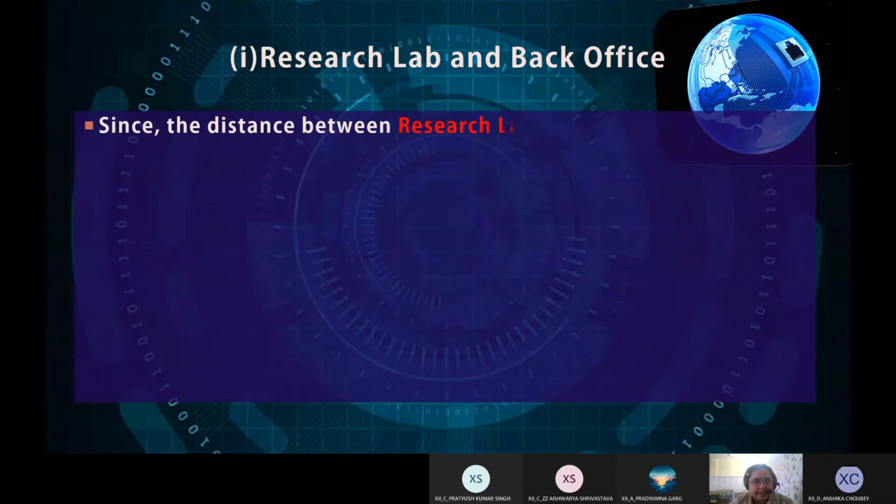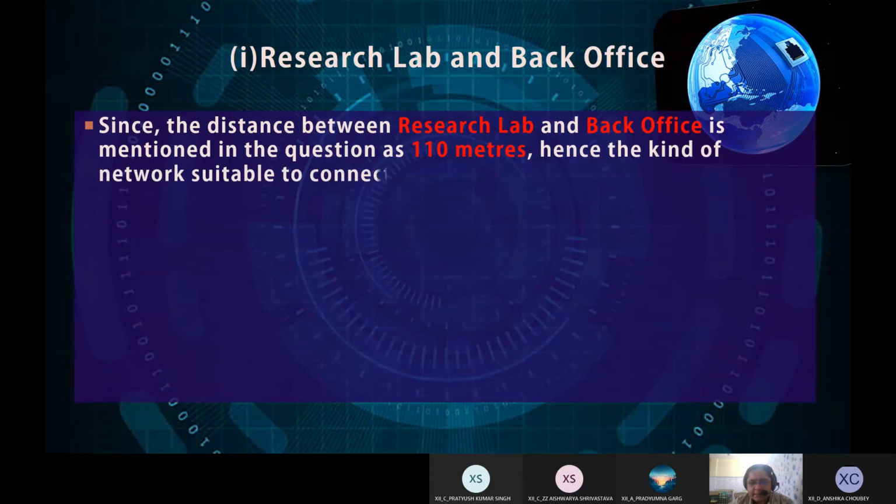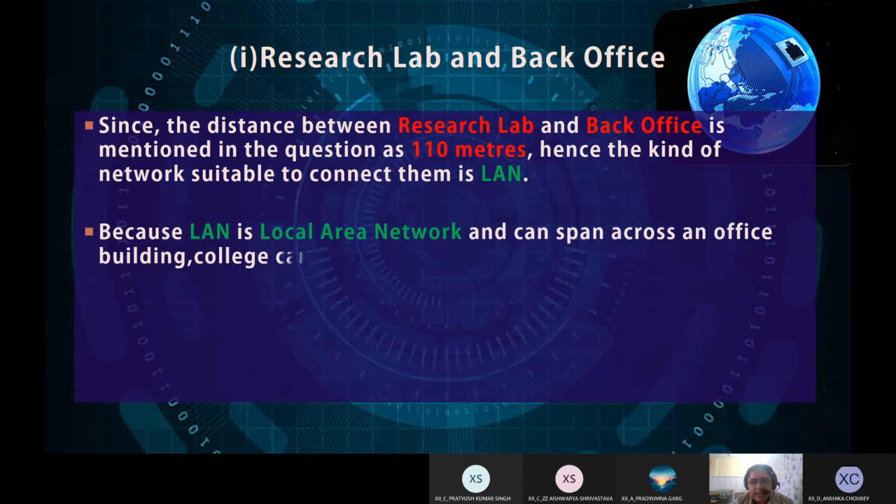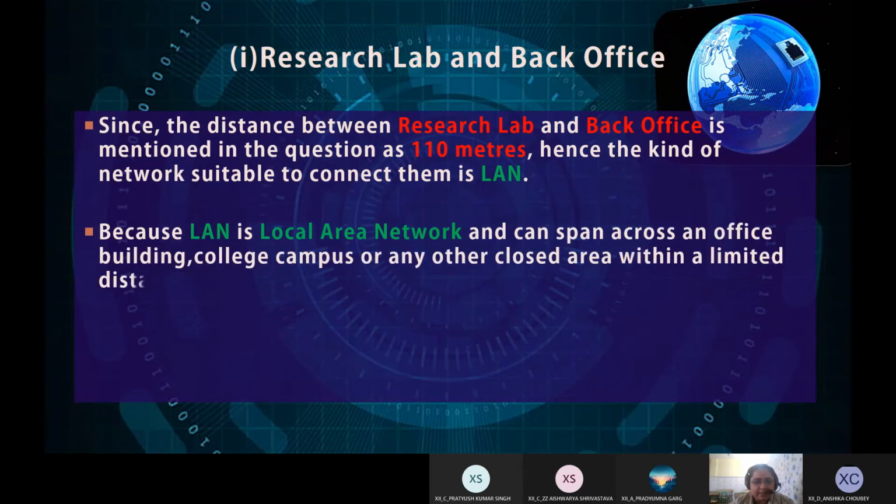Since the distance between research lab and back office is mentioned as 110 meters, the kind of network suitable to connect them is LAN, because LAN is local area network and can span across an office building, college campus, or any other closed area. You not only have to provide the answer but also back it up with a proper reason.